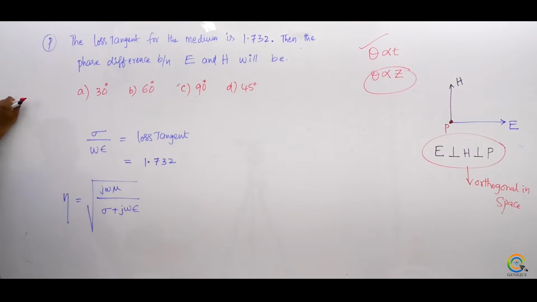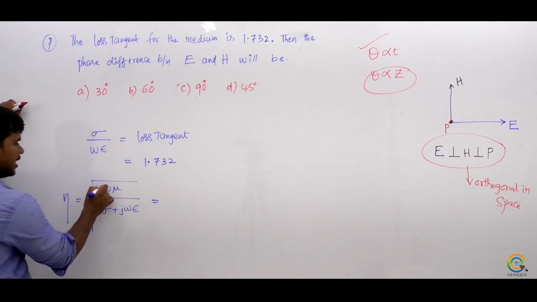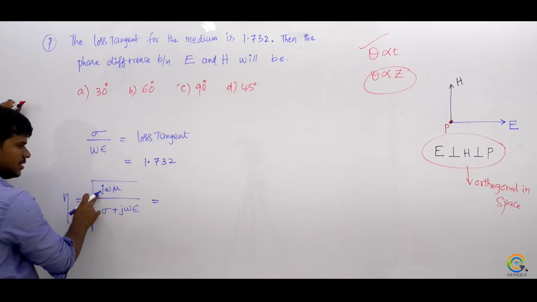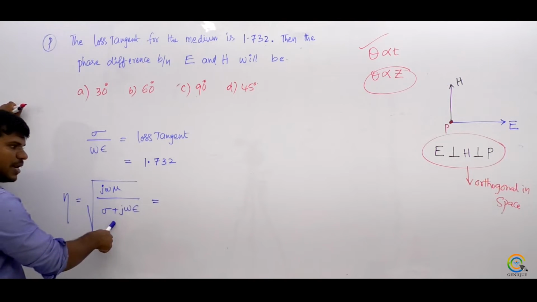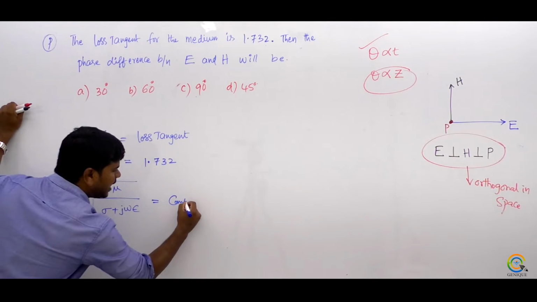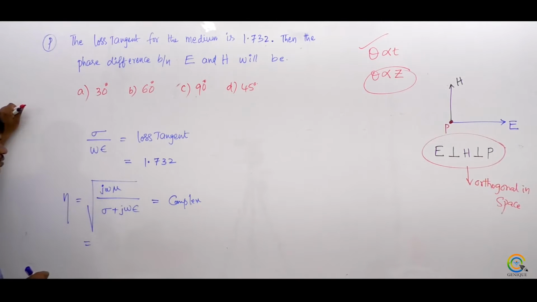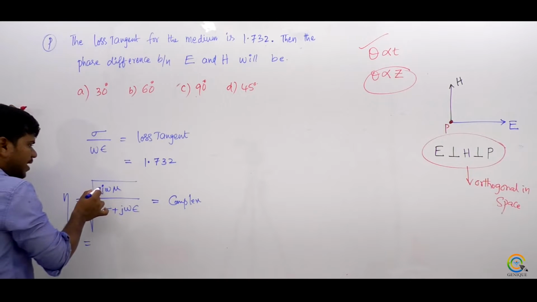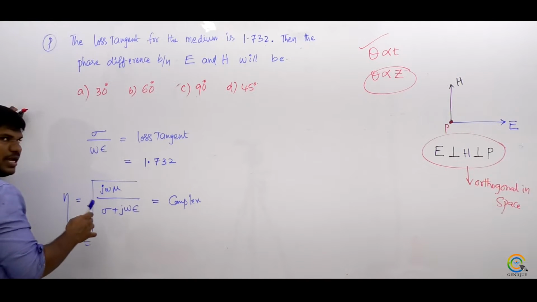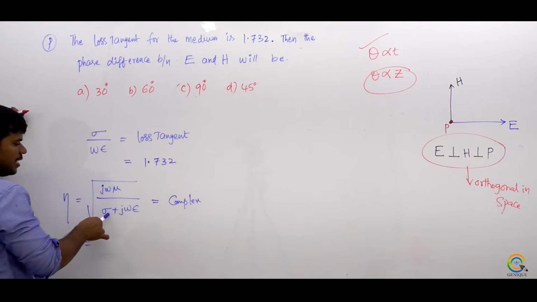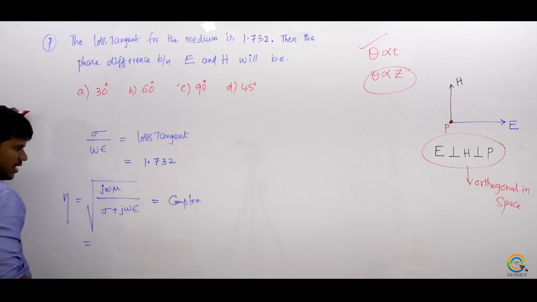Now, j represents 90 degrees. If you take the magnitude and phase, it is a complex term, so you will get some magnitude. The magnitude will be root over omega mu divided by root over sigma square plus omega epsilon square.